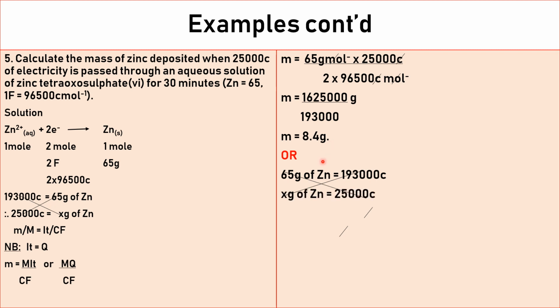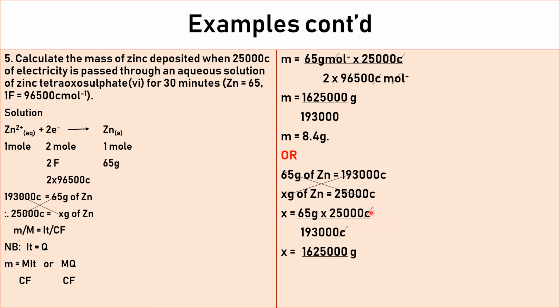Alternatively, we can do it this way. We can say that 65 gram of zinc requires 193,000 coulomb of electricity. X gram of zinc requires 25,000 coulomb of electricity. So what is X? X is 65 gram times 25,000 coulombs divided by 193,000 coulomb.